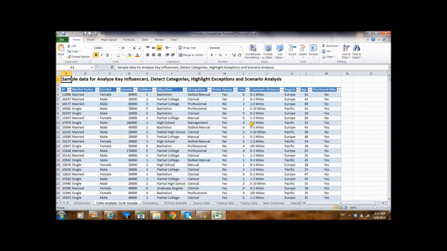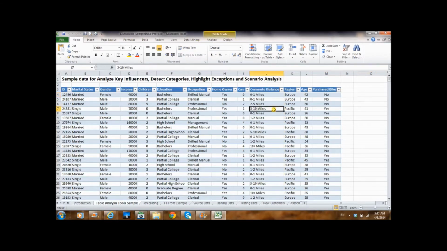Also, if you look at this data, all of it is stored in a table. If you click inside this table, you can see they look kind of different, right? The menu ribbons will change depending on the location of your cursor. Outside this table, you will see these menu items.